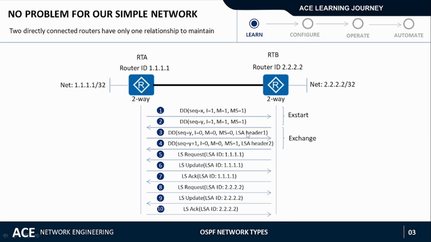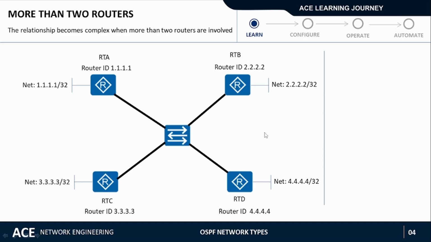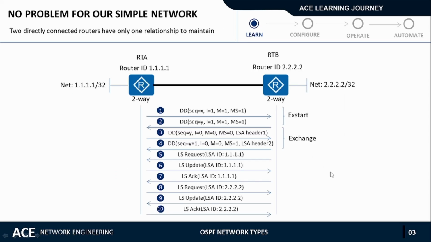The full state is preceded by ExStart, where we are negotiating who is the master and who is the slave, and then the first database description packet that has LSA briefs. We said the LSA brief is not the complete LSA details, it's a trailer. In the last video, we said it's not the full description of that network.